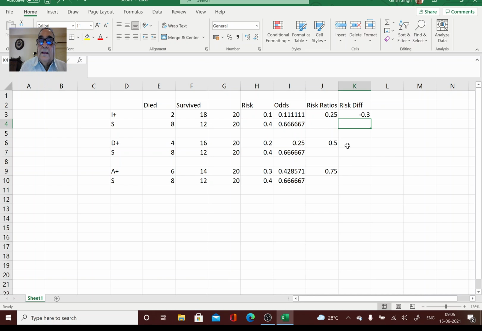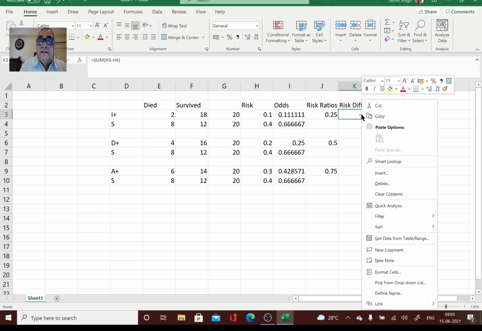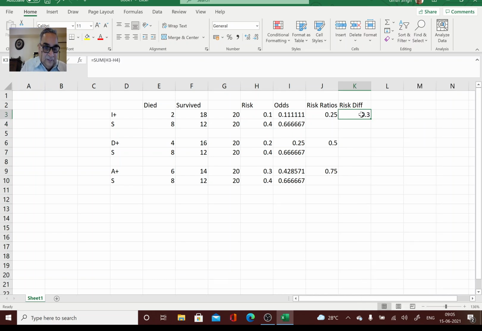Same way here. Let's see what happens if we copy this, Control C, and we paste it here, Control V, and here, Control V. So this is the risk difference.